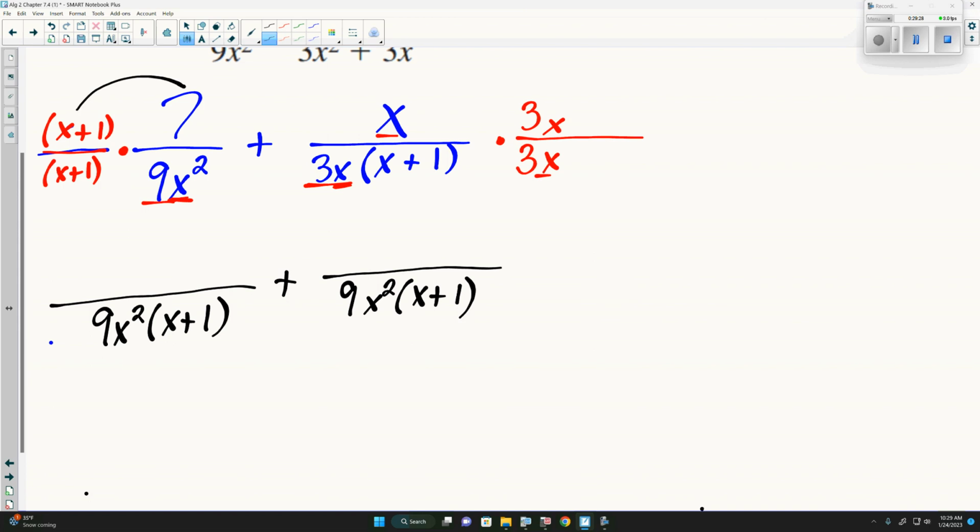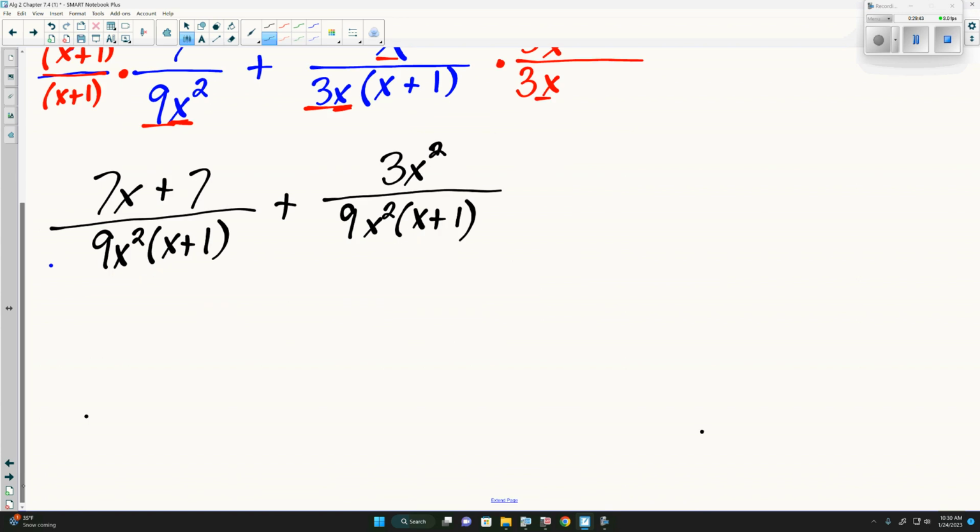So 7 times x is 7x, 7 times 1 is plus 7. 3x times x is 3x squared. Now we can add the numerators together.